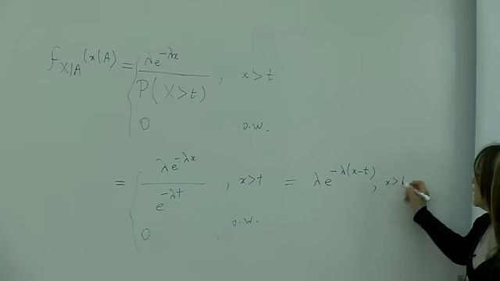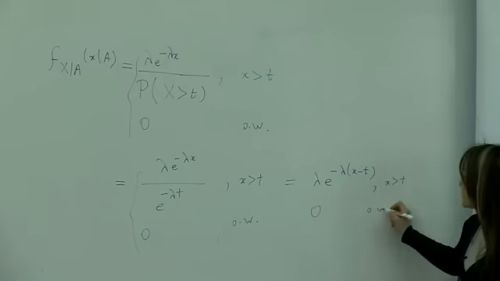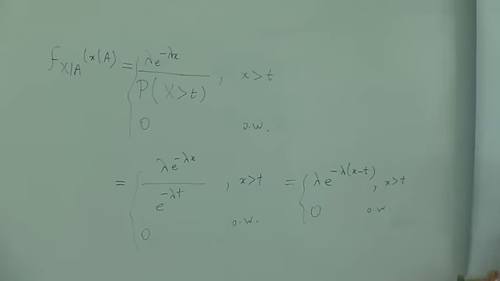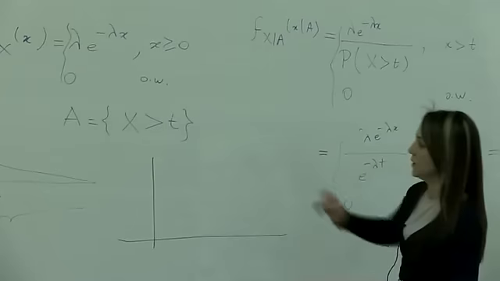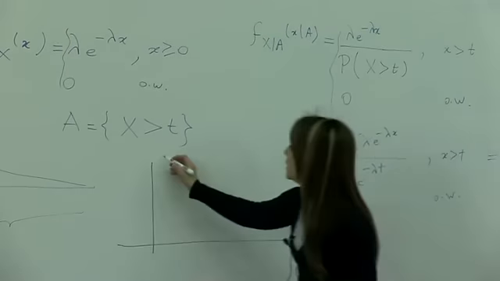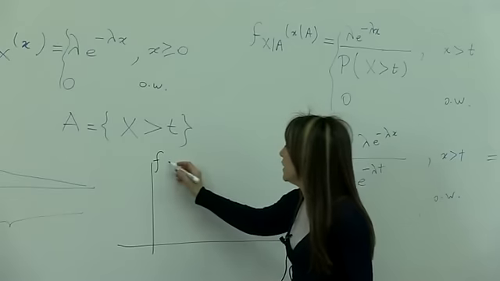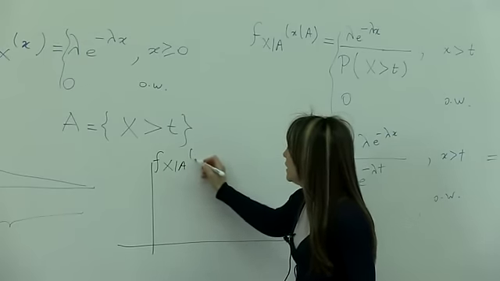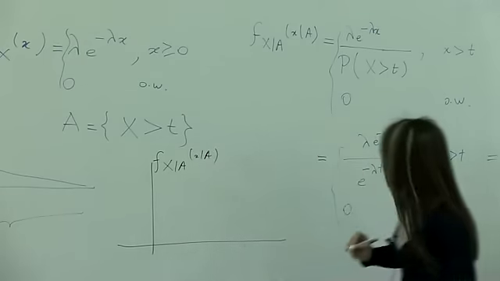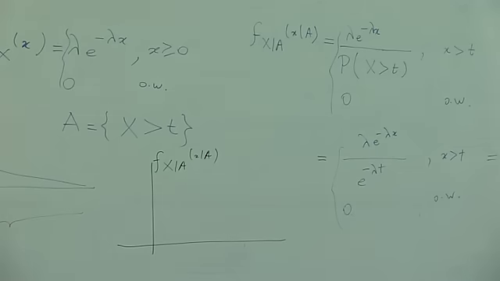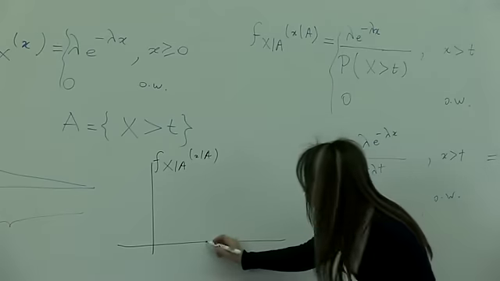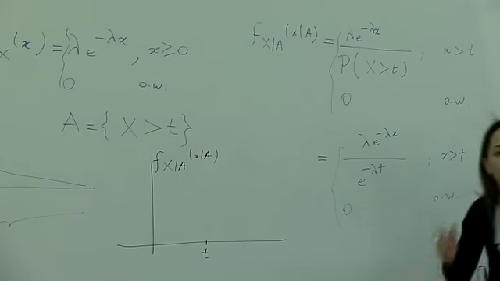Whenever x is bigger than t and 0 otherwise. What does this look like? Let's plot the conditional PDF here side by side with the unconditional PDF. f_X given A, x given A. Now it's 0 up to t, which we were expecting anyway.